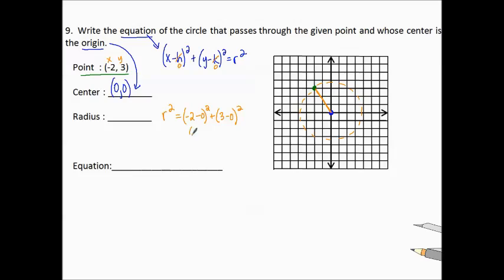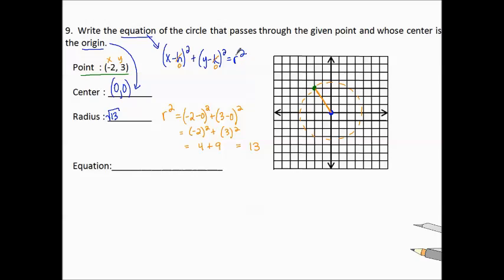This is negative 2 squared plus 3 squared, or 4 plus 9, which makes 13. Now, ultimately, we need the equation. We don't need the radius. But we may be asked at some point, how much is the radius? So the radius is the square root of our r squared, which is the square root of 13.